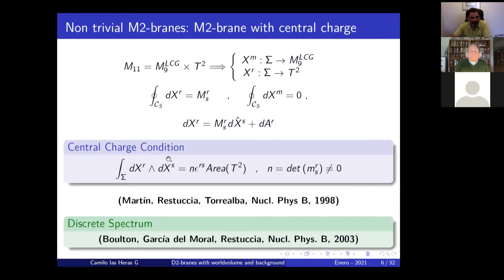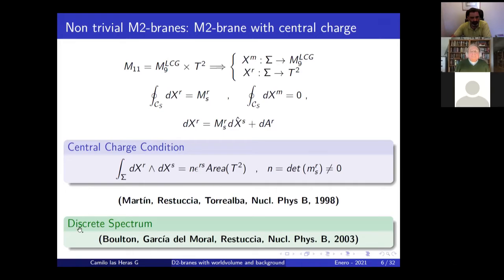The central charge condition can be understood as a non-trivial flux condition over a 2-form well-defined on Sigma. The name comes from the fact that it is the same term that appears as a central charge term in the superalgebra of the theory. This condition implies the existence of a non-trivial U(1) principal bundle over the world volume of the supermembrane theory, and it can be geometrically interpreted as the irreducible winding of the M2 brane around the compact directions.